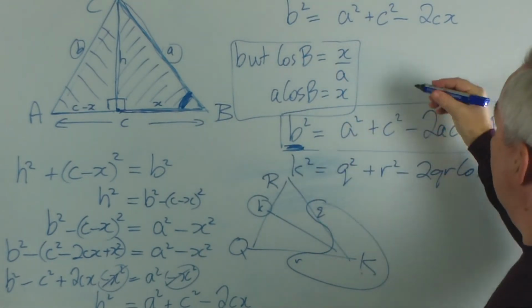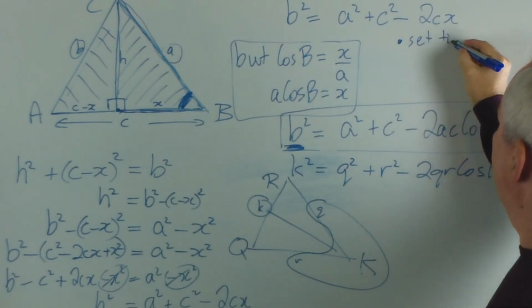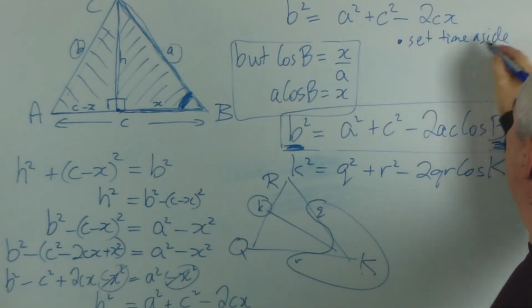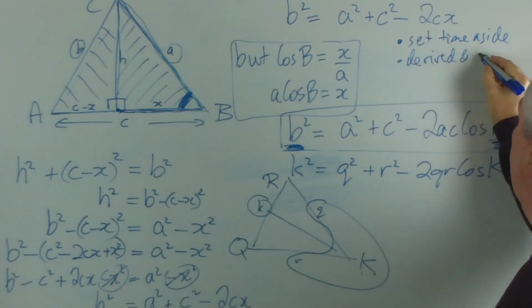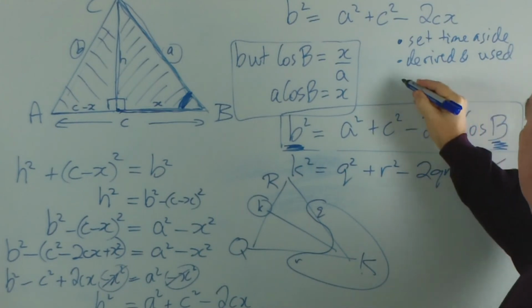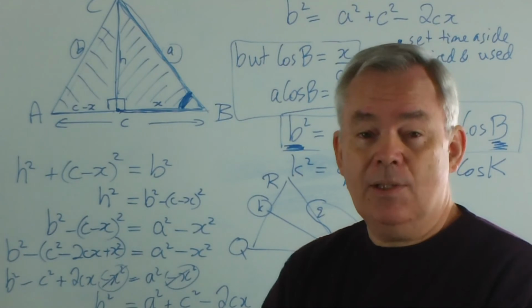And at the end of that time, after you've set time aside and after you've derived and used the formula, you ask yourself, do I understand it well enough? Am I fast enough?